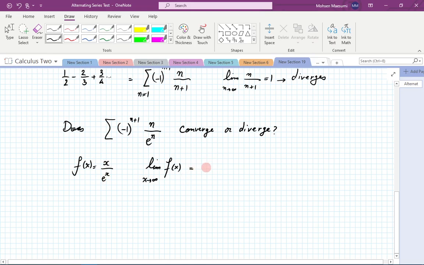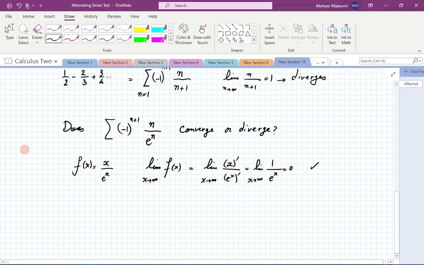So you can say this is going to be the limit of derivative of the numerator over derivative of the denominator as x goes to infinity, and that's the limit of 1 over e to the x as x goes to infinity, and that's equal to 0. So condition 1, that our nth term should go to 0, that one is checked.